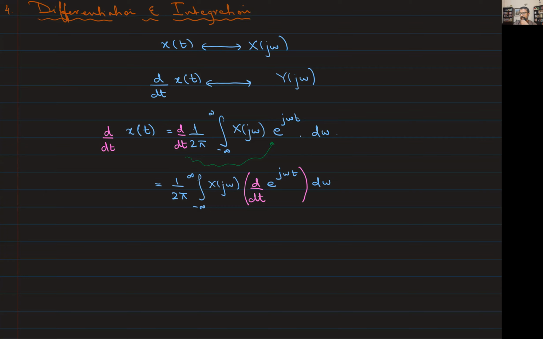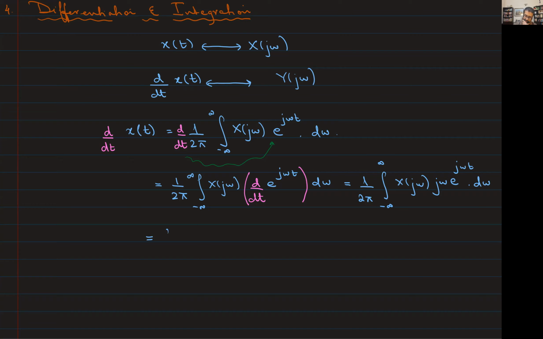Abdullah, what happens with the derivative? It's multiplied by j omega, I think that's what you wanted to say. So this is x of j omega times j omega times e raised to power j omega t times d omega.